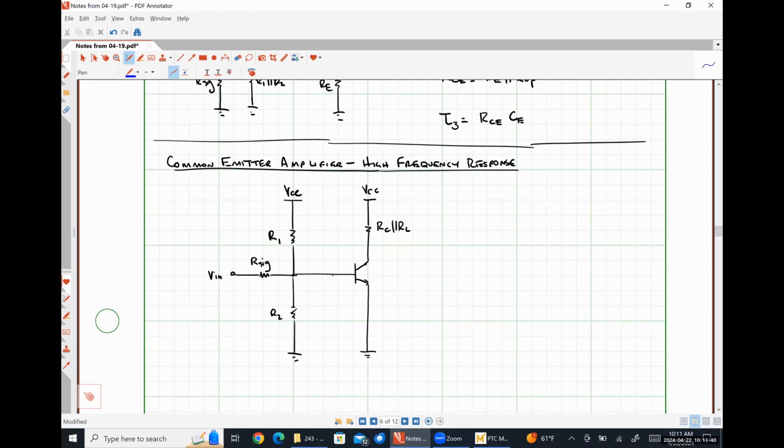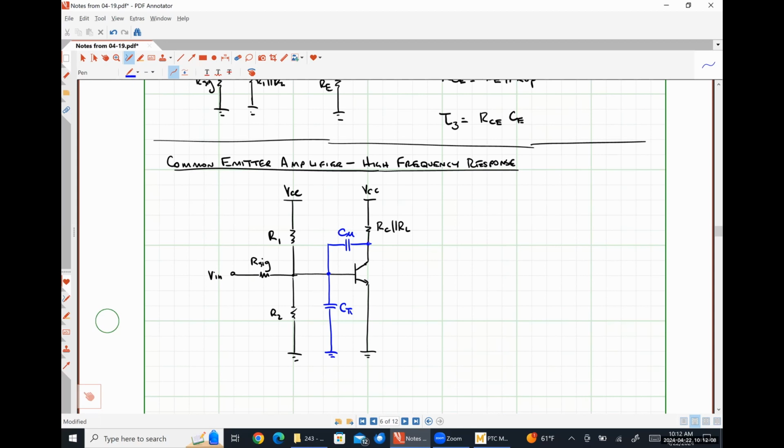So we know that we should have a capacitance between the base and the emitter. So this is our capacitance C pi. We should have a capacitance between the base and the collector. This is our capacitance C mu.